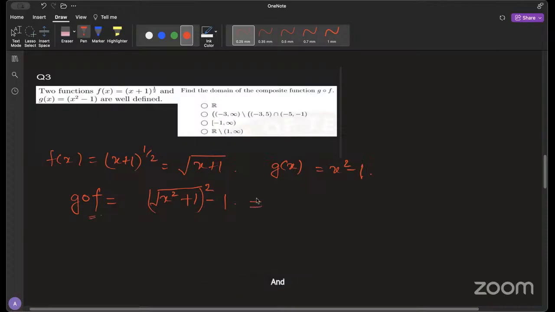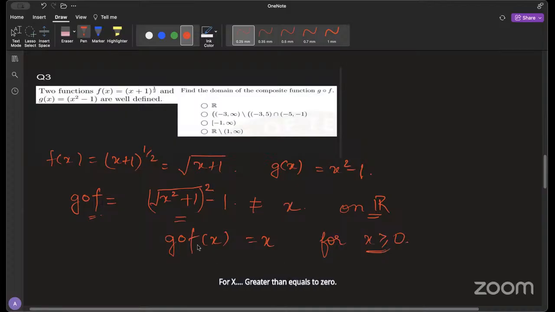And this is not equal to x on R. So on whole R, this is not x, though this function g of f of x is equal to x for x greater than or equal to 0. In fact, this is not even defined on the whole of R.